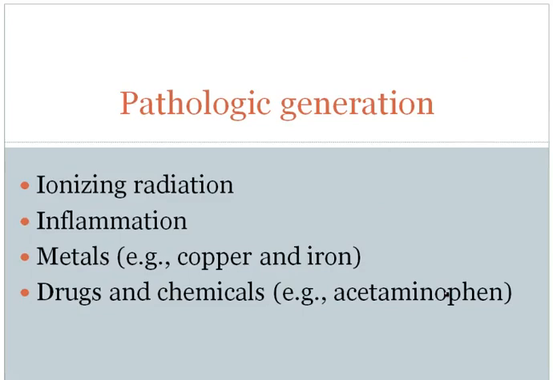Some important examples: ionizing radiation can generate free radicals, and the classic free radical that's generated is actually hydroxyl ion. So OH. And what's important to recall here is that the way by which ionizing radiation generates these free radicals is that the radiation actually hits water within tissues, and once it hits water within tissues, one possible consequence of that is the generation of hydroxyl free radical.